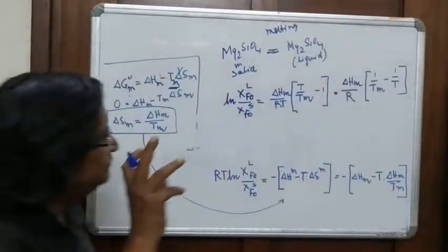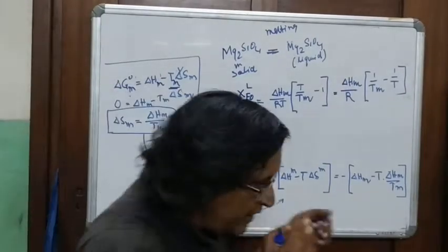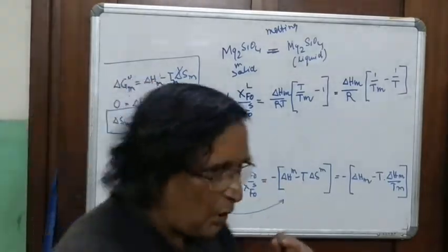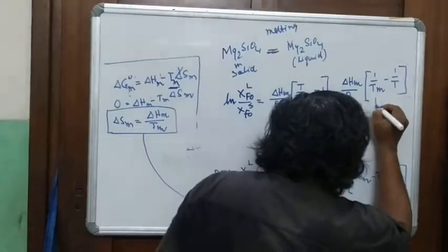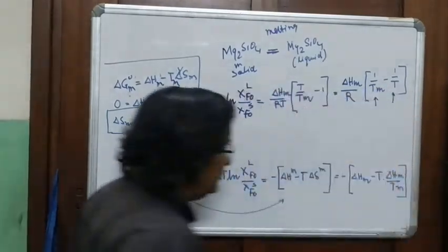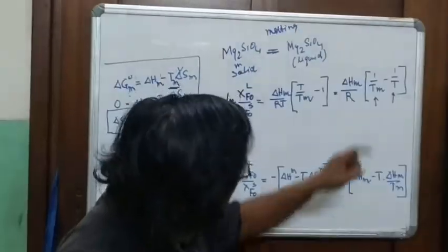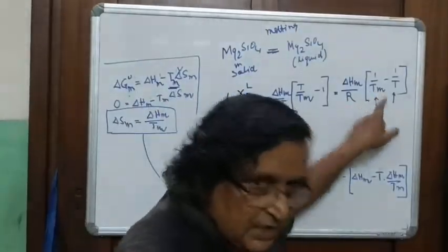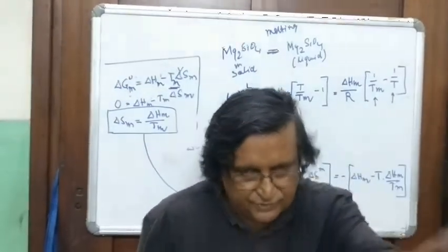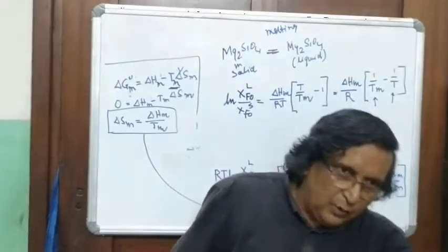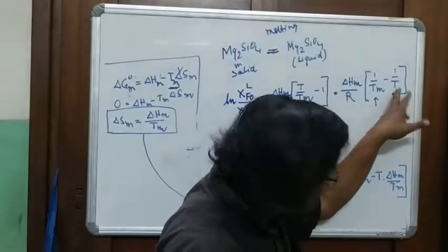Now look here. It is an important point. I once again go back to the point that I made. You must understand it. There are two T's here. And again, I am bringing in the same point. What is Tm? It is the melting temperature of the pure phase compound at an equilibrium pressure temperature condition. And what is T here?